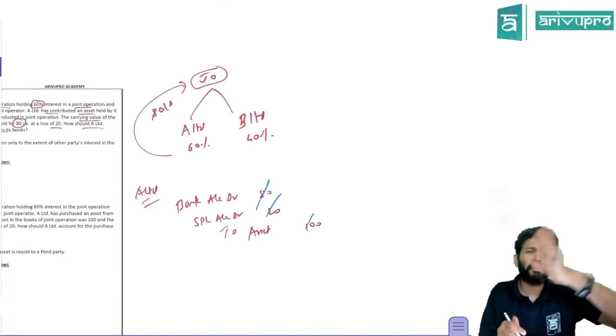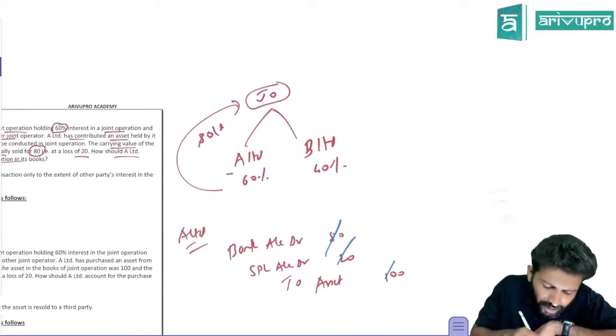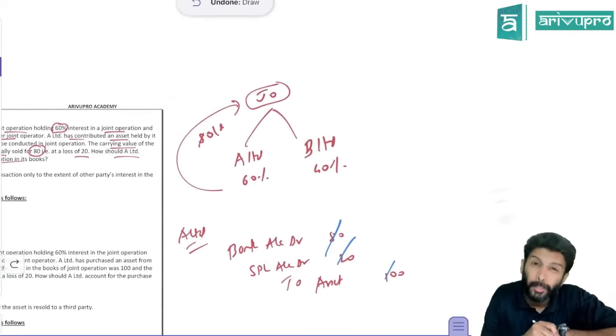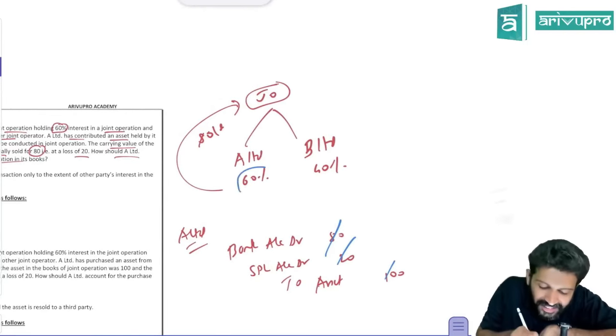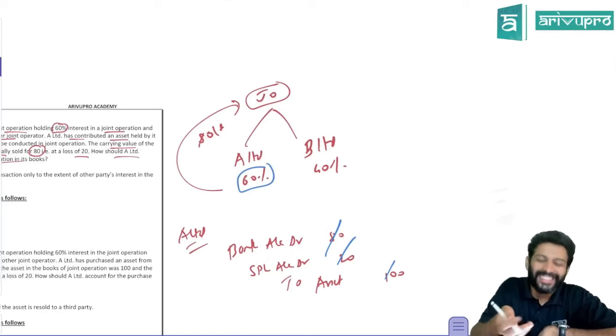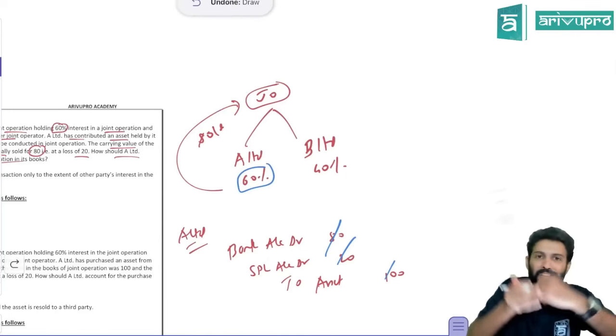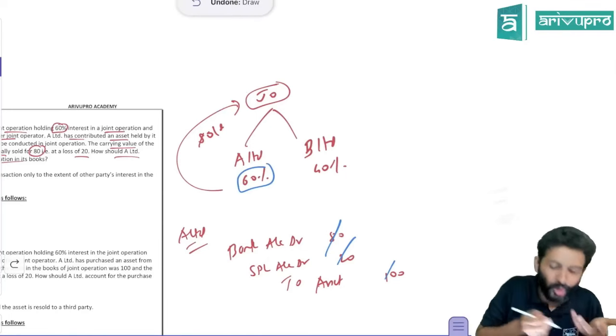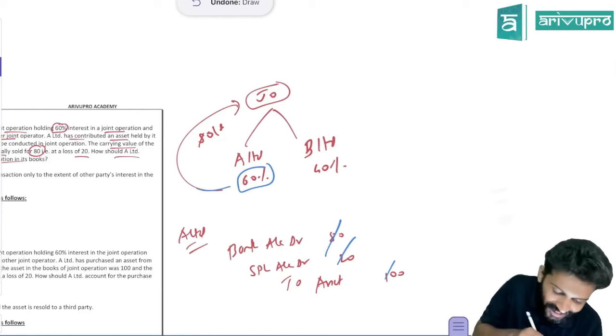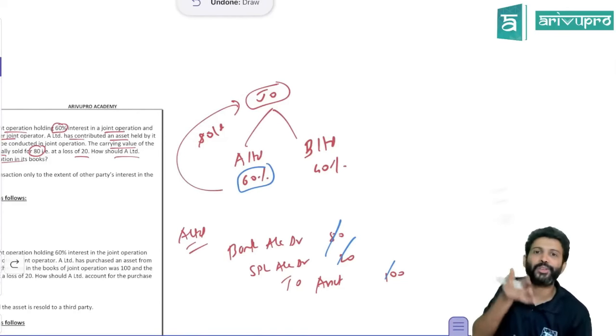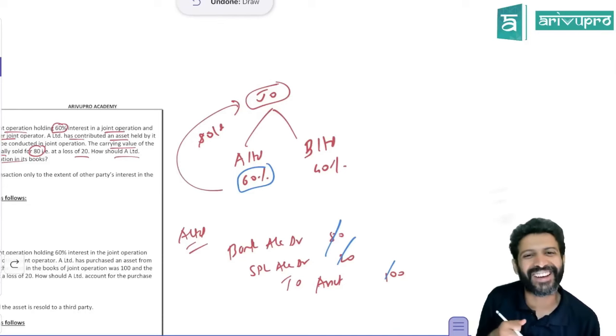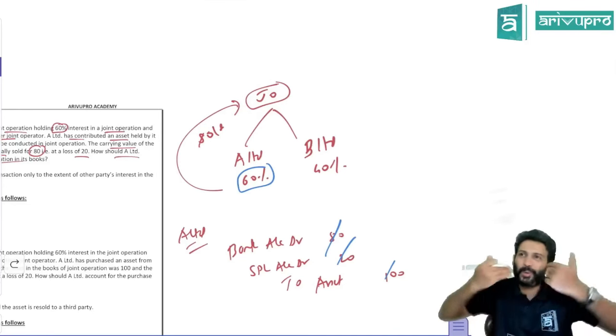Why? Sir, simple. Whom did you sell it to? A Limited sold the asset to the joint operation, and A Limited has a 60% share in the joint operation. That means if you sell this asset to the joint operation, 60% of the joint operation belongs to you only. Whatever the joint operation has, 60% of that belongs to you only. Is it really a sale? Sale means you should not have control over it. It's gone.